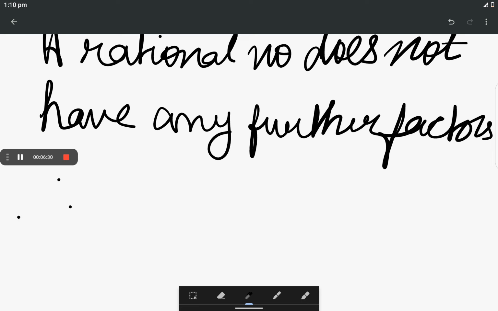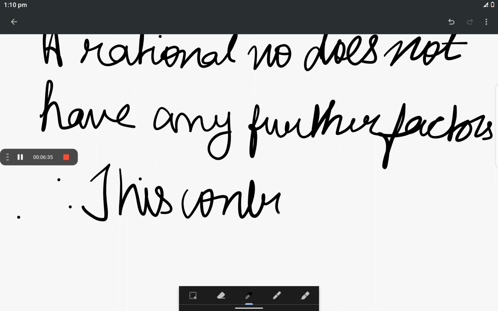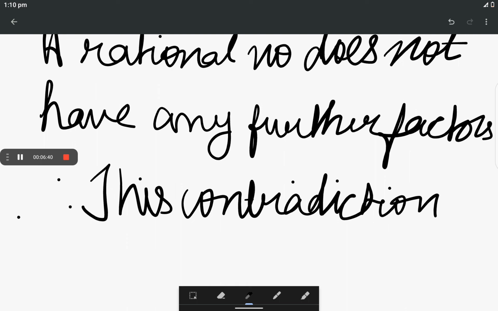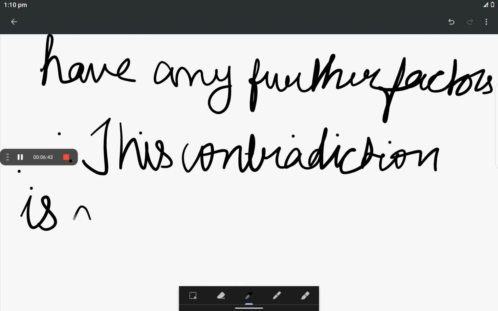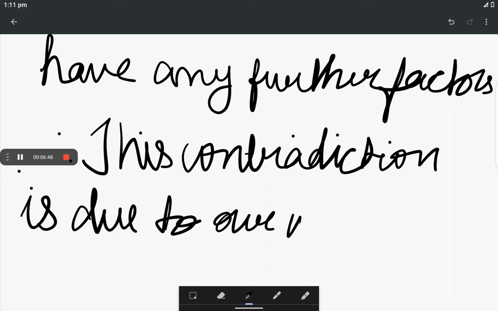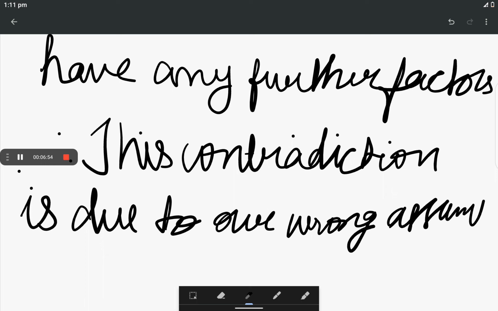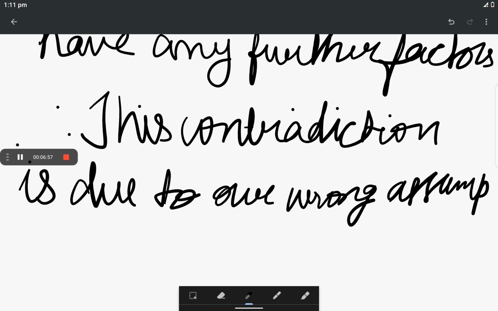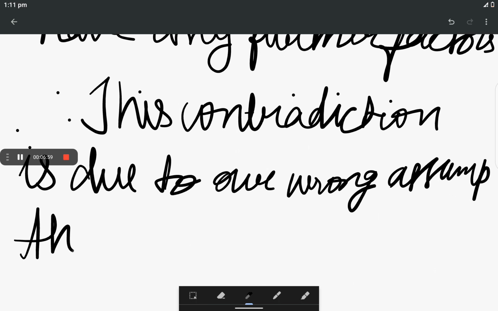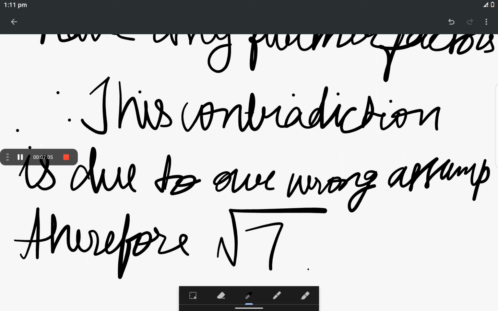So we have come to the conclusion that this contradiction is due to our wrong assumption. Therefore, root 7 is irrational.